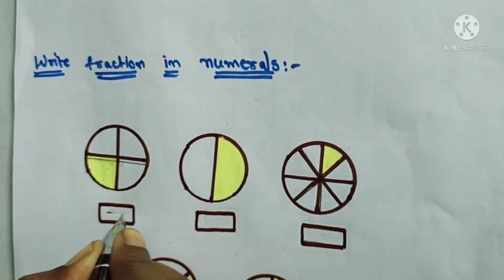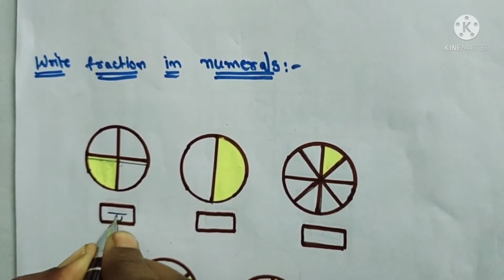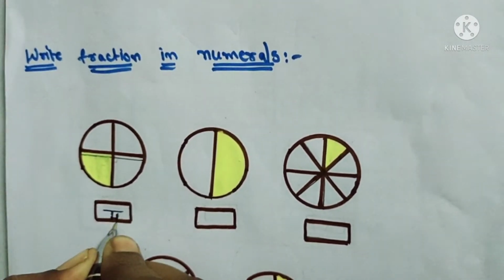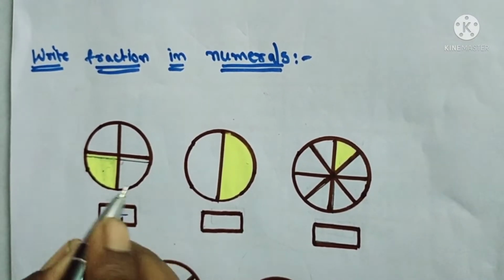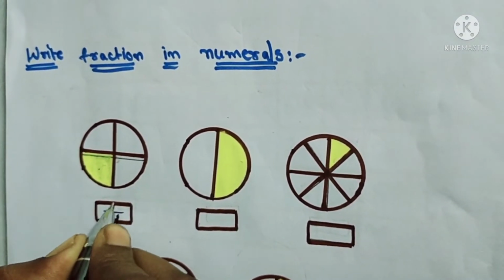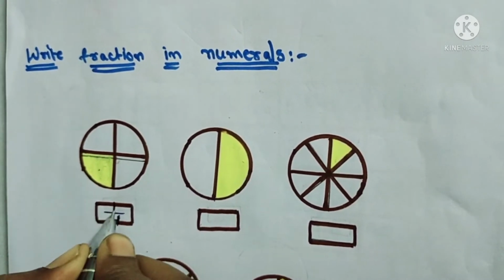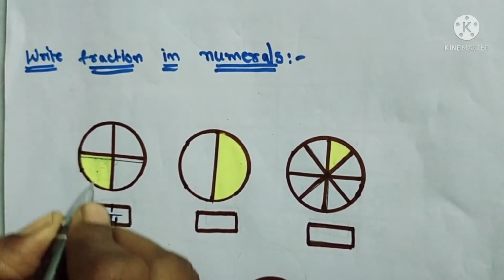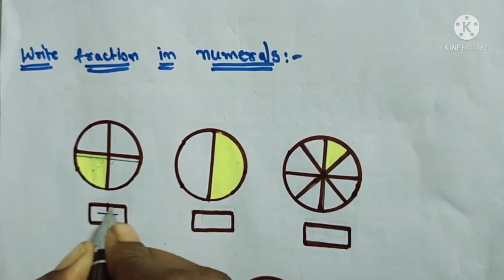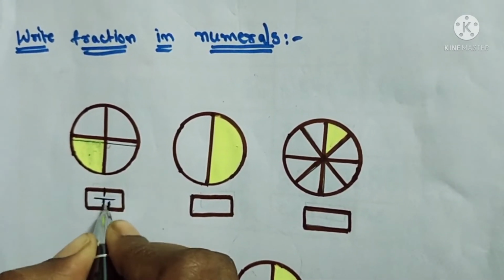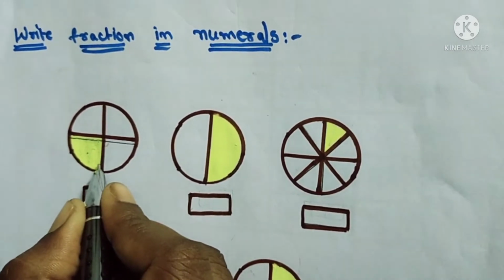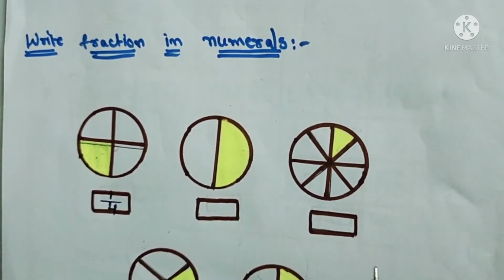Suppose 1 part is shaded. So in the numerator, 1. In this problem, 1/4 of the part is shaded.